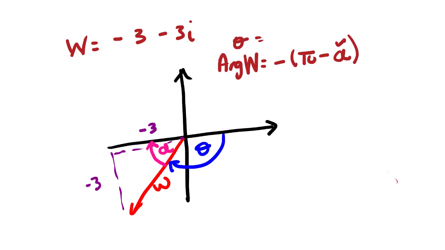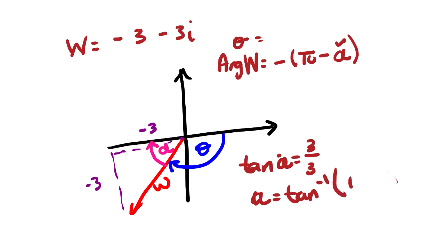So we need to work out alpha. How do we calculate alpha? We use tan alpha equals 3 over 3, so alpha is tan inverse of 1. We get that alpha is equal to 0.79 rads.